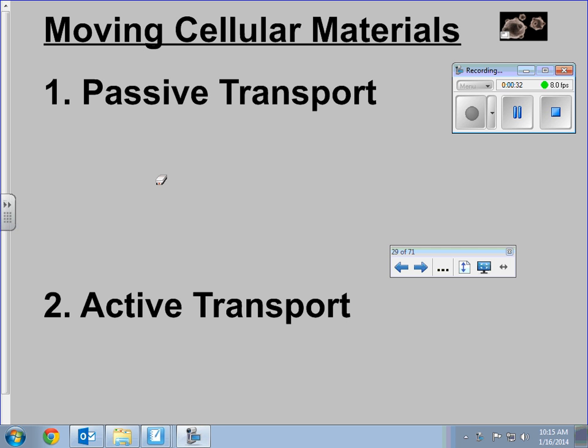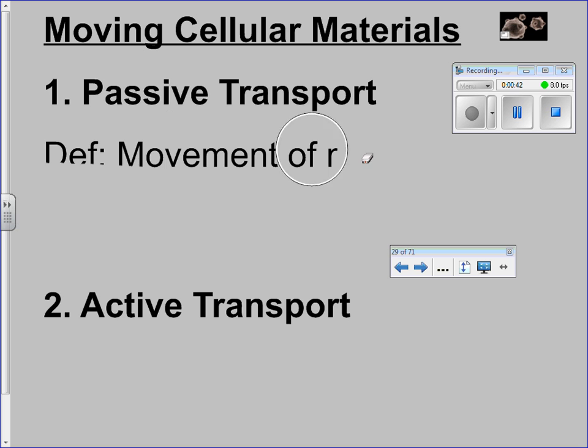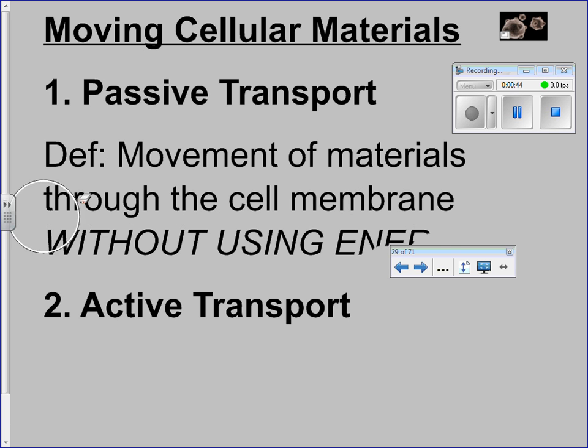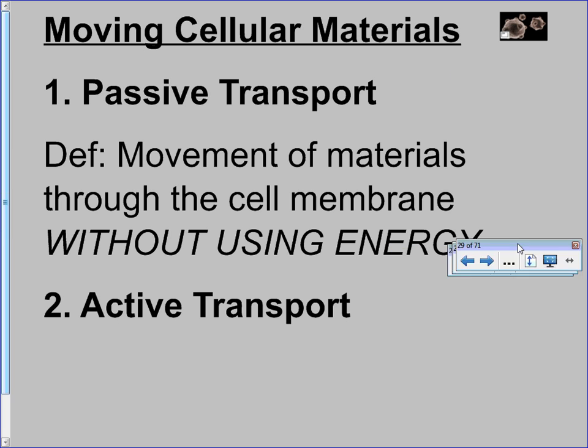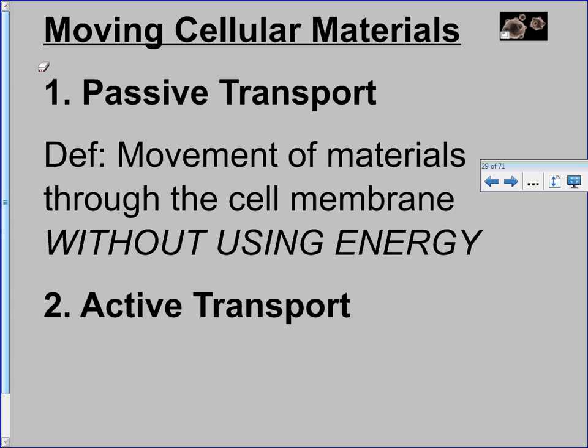So there's two general ways in which cells get materials in and out of the cell. They are passive and active transport. Passive transport is the movement of materials through the cell membrane without using energy. And you can use the clue word passive to help you remember that definition. Again, transport has to do with transportation, moving materials.